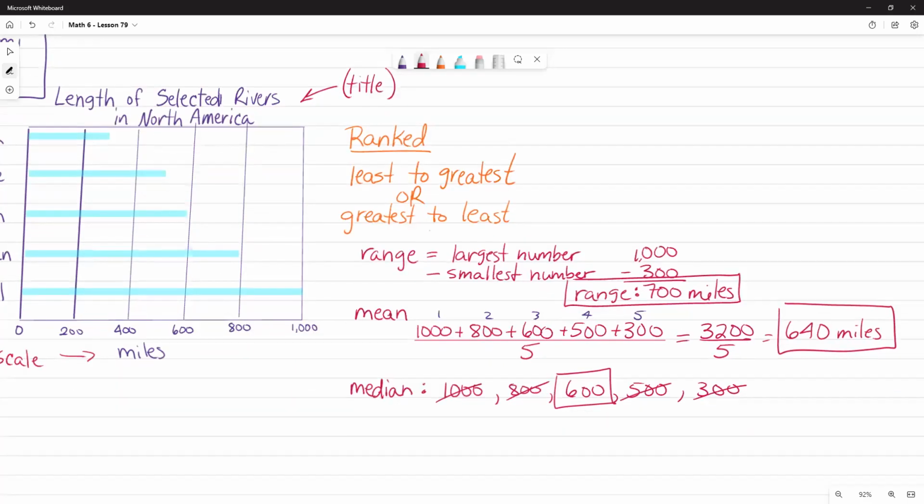So the median is always going to be one of the numbers that you were originally given in your data. You're just going to find the one that falls directly in the middle, and this one is 600 miles. All right, so close to the mean, but not always going to be the same.